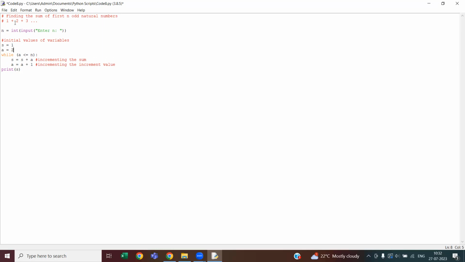So a represented the nth term of the sum, and we were storing the running total in another variable called sum. So we were just incrementing the sum by a.